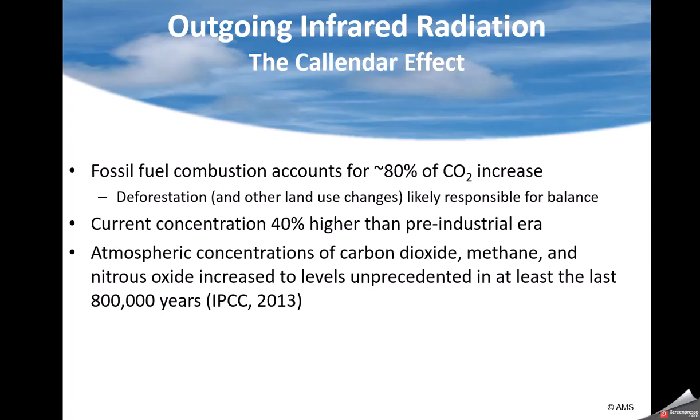And they've even looked at years when industrial plants and such didn't do so much, like during COVID. And they found that it really contributes significantly to the amount of carbon dioxide in the atmosphere. Yes, there are other factors, but the current concentration is about 40% higher, and it's actually the highest in the last 800,000 years.